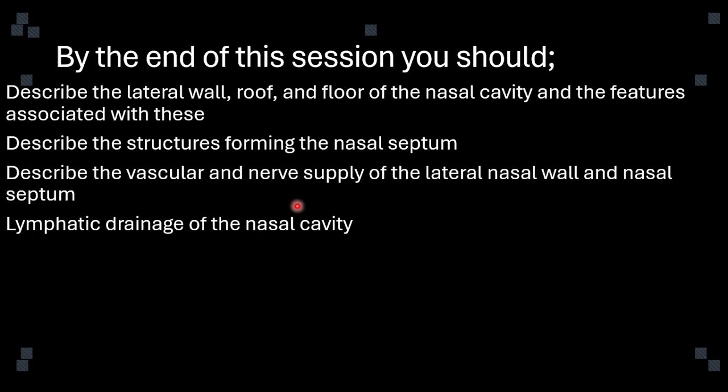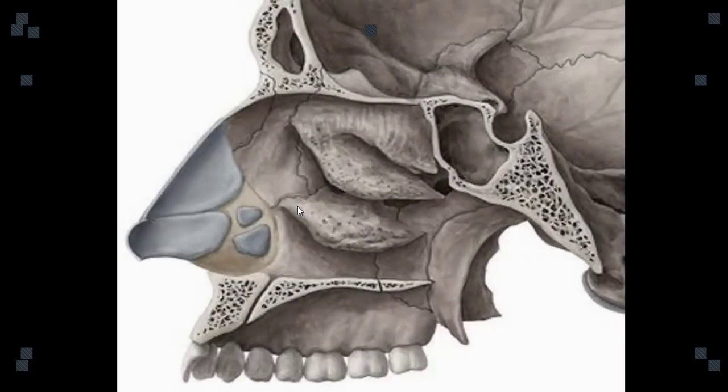So let's start with the lateral wall of the nasal cavity, or rather, let's start with the roof. The roof of the nasal cavity is formed by the following structures. One, the nasal bone. It's also formed by the nasal spine of the frontal bone, the cribriform plate, and the anterior surface of the body of the sphenoid.